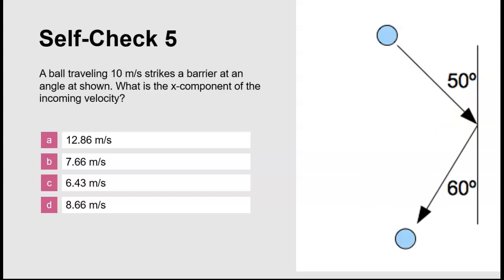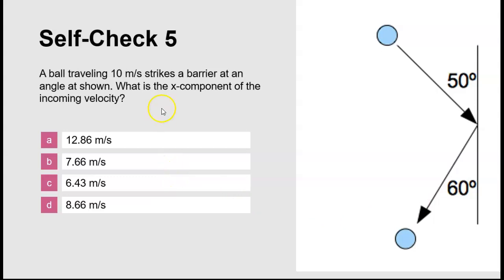All right, what if we have something happening at an angle? A ball traveling 10 meters per second strikes a barrier. What is the x component of the incoming velocity? What I'm trying to show you here is you need to pay attention to the angle measure.